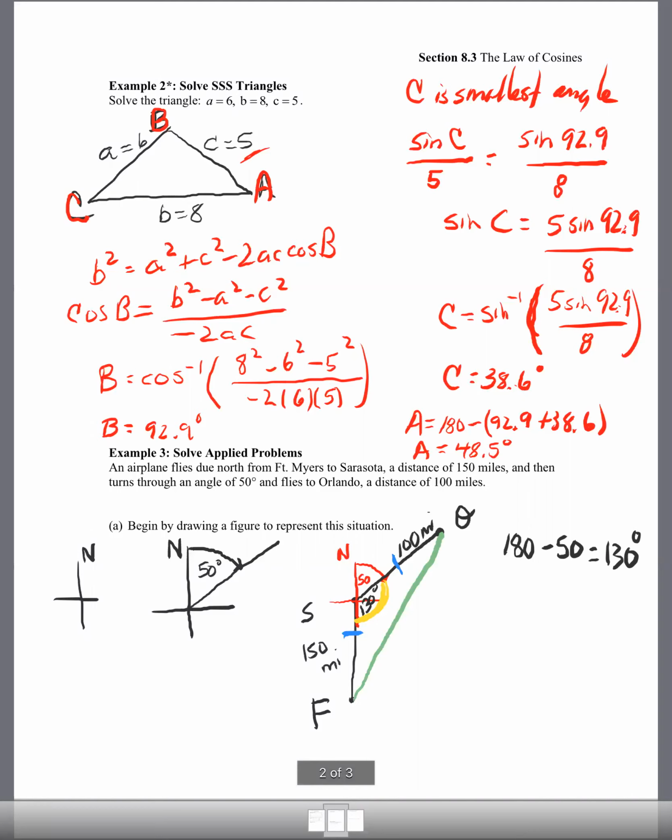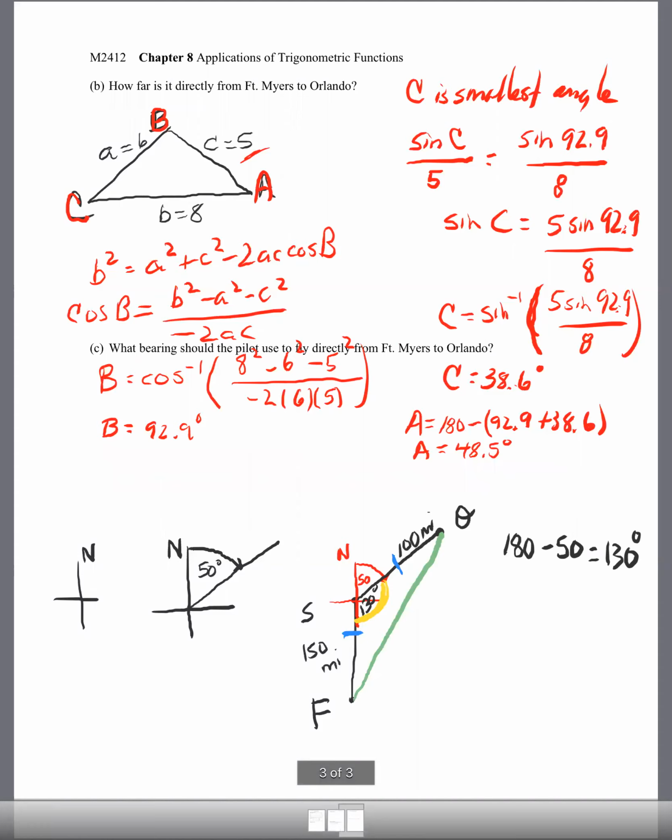Let's go see what they want us to do with this picture then. They'd like for us to figure out how far it is directly from Fort Myers to Orlando.